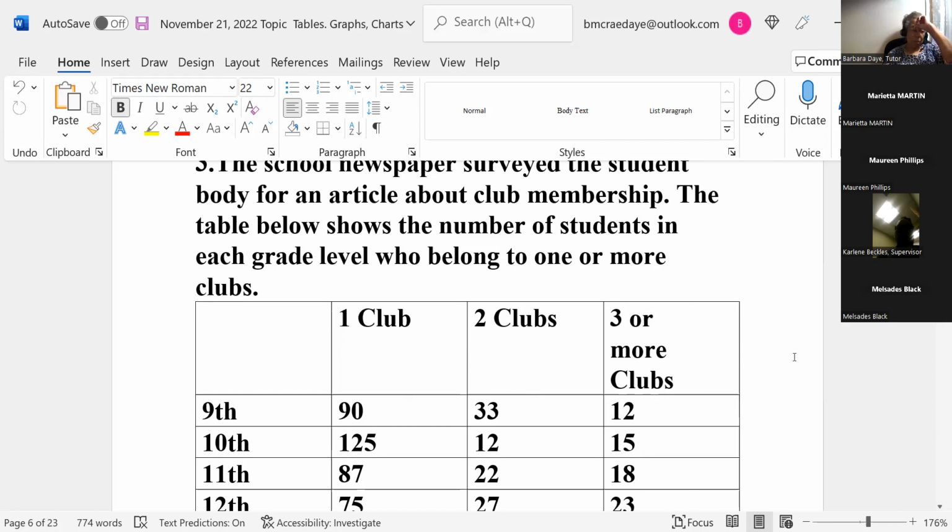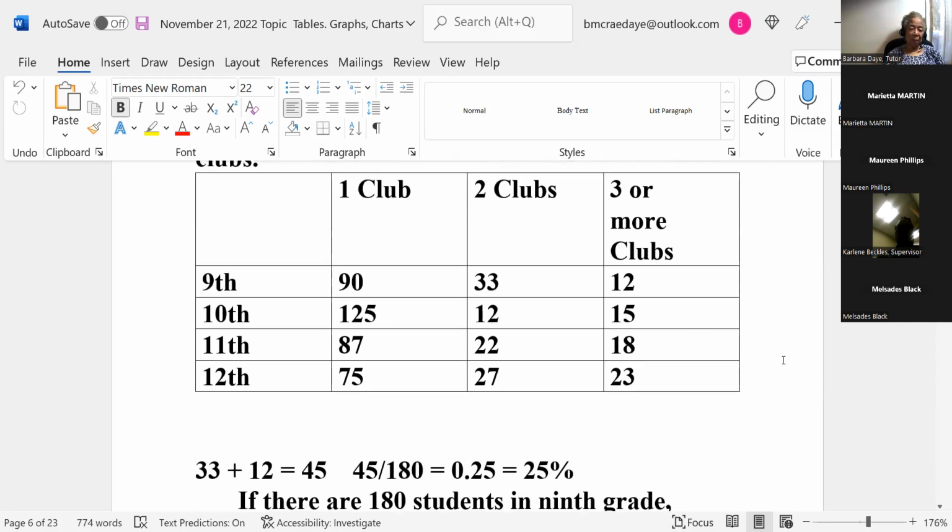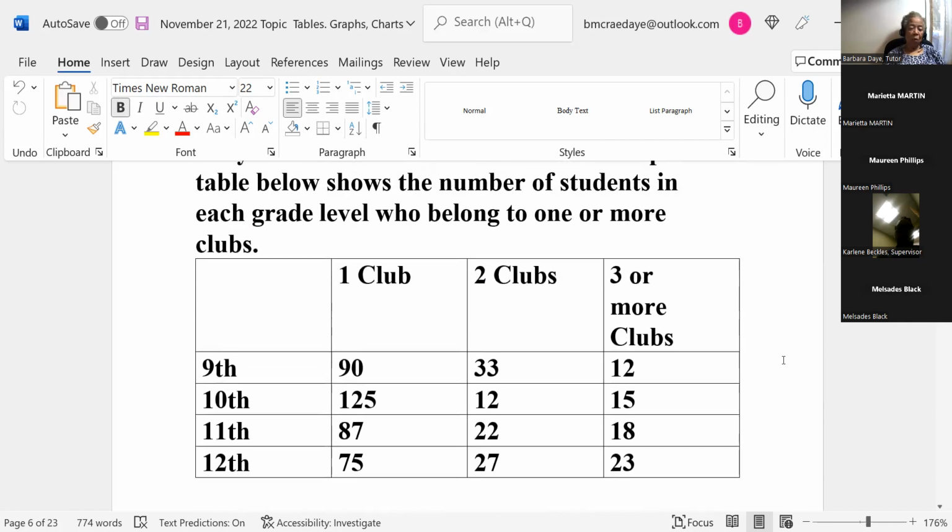Okay. Now, if I said, how many students belong to one club, what would you do, Mercedes? What percent of the students belong to one club in the ninth grade? That's a method of math. You don't need a calculator or pencil and paper. What's the percent of the students who belong to one club? So what would be your answer?